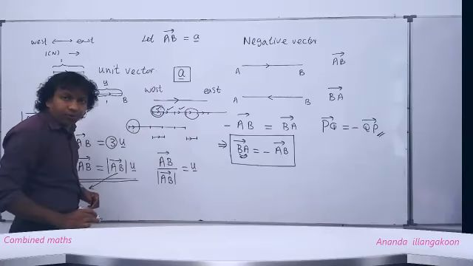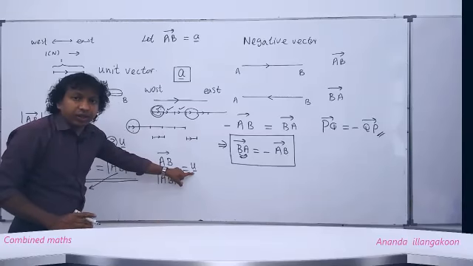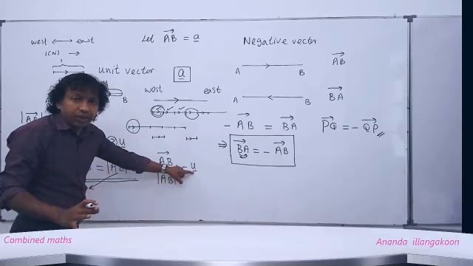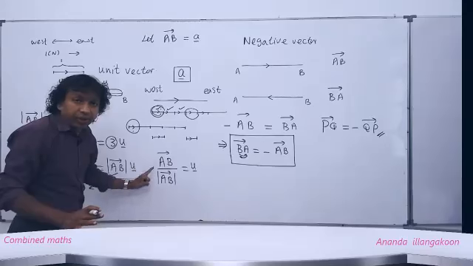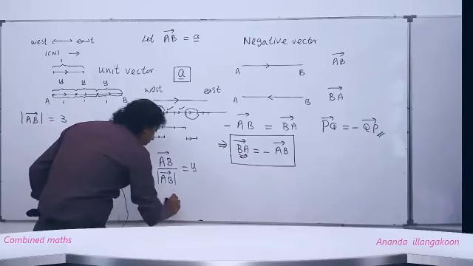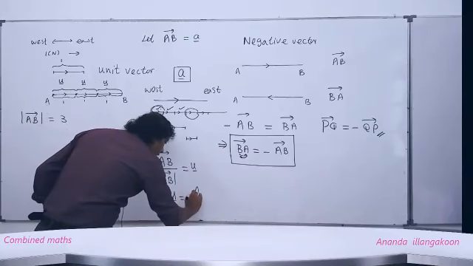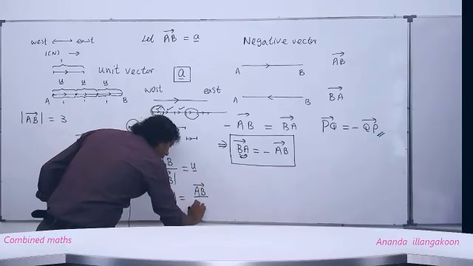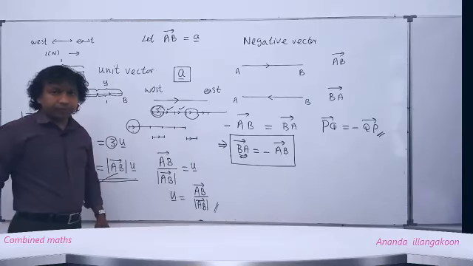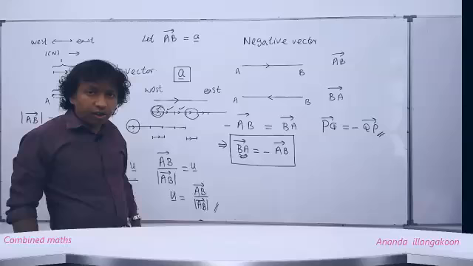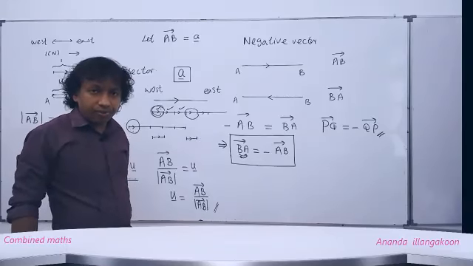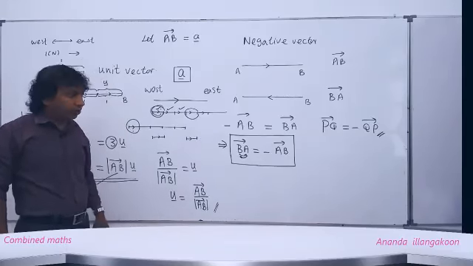So the unit vector in the direction of the vector AB, we can obtain by dividing AB vector by its modulus. Understand? So u, the unit vector in the direction of the vector AB, you can write like this. This is also another important result. We will use this in the calculations. So that is the meaning of unit vector.